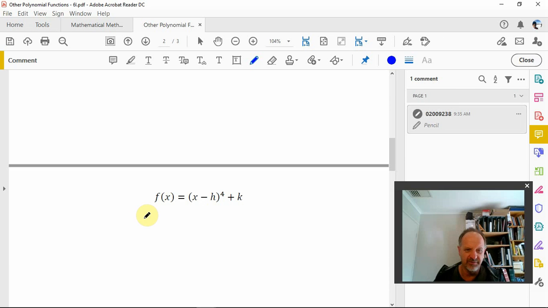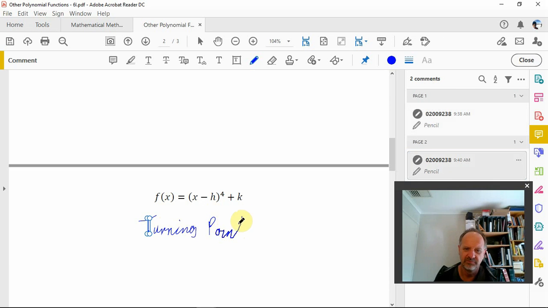So we've got the turning point at h, k. If the power is an odd number, then it's not a turning point, it's a point of inflection, but we're just doing powers of 4 in this example, so I'll just talk about that.